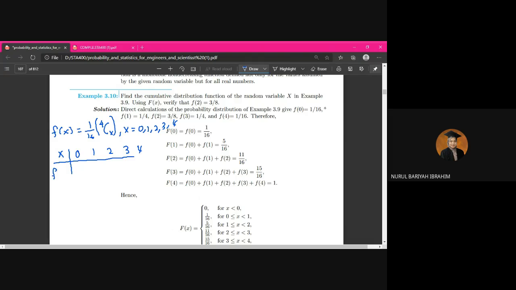Dia punya small f(x) ataupun p(x) kat sini will be, untuk 0, 4c0, 1/16 here.